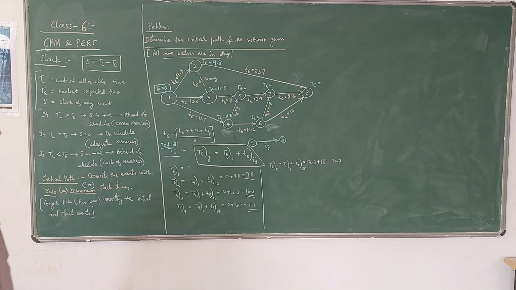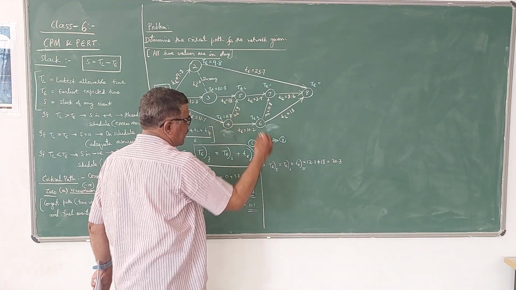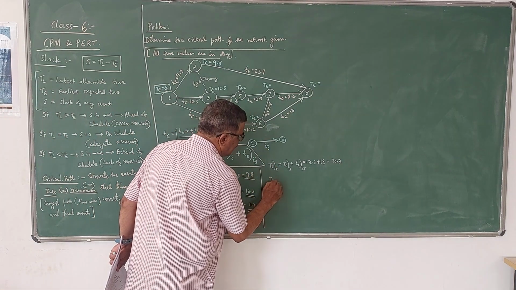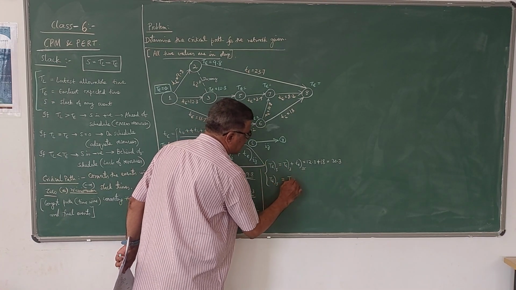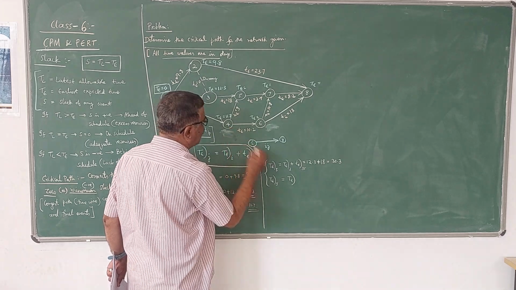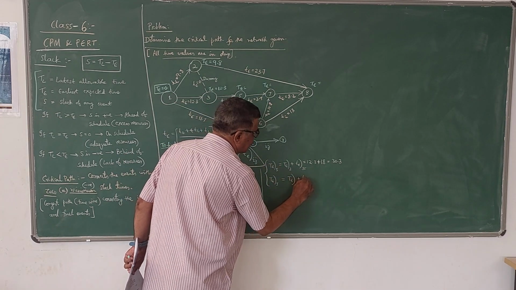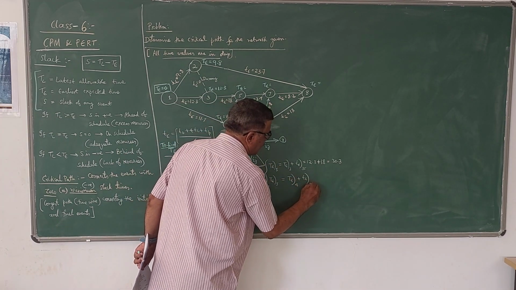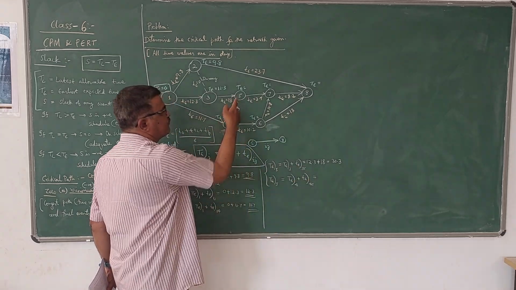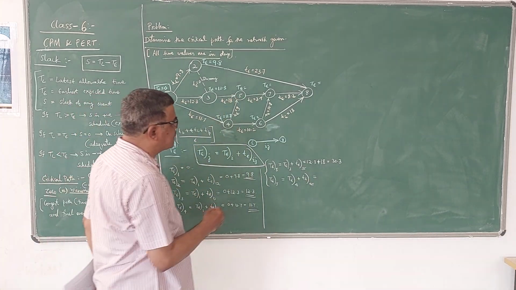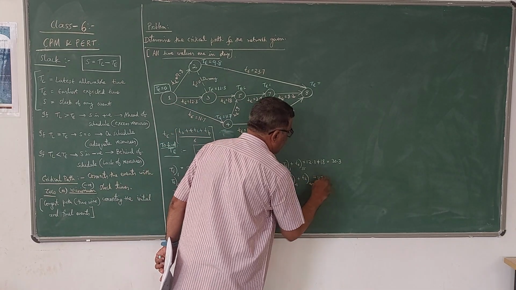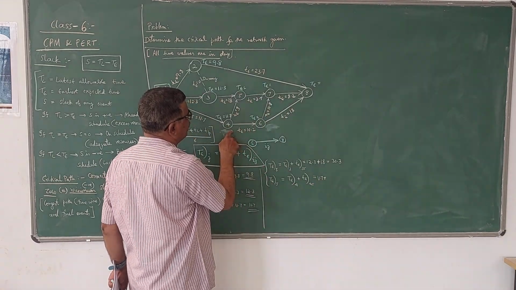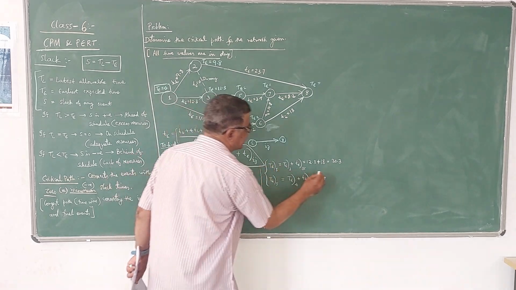That is the time. Now based on another route, TE5 can also be found out using TE4 plus small t of 4,5. TE4 is 11.7 plus small t of 4,5, which is 9.